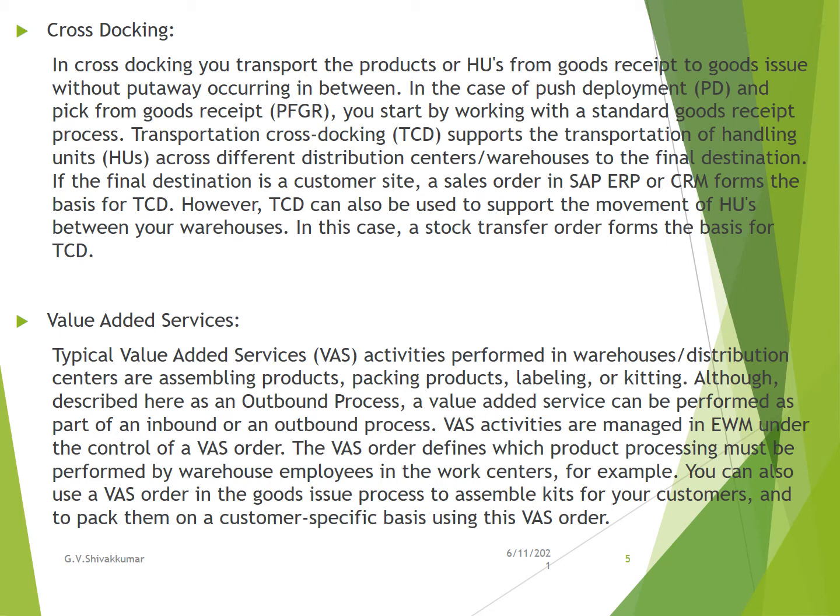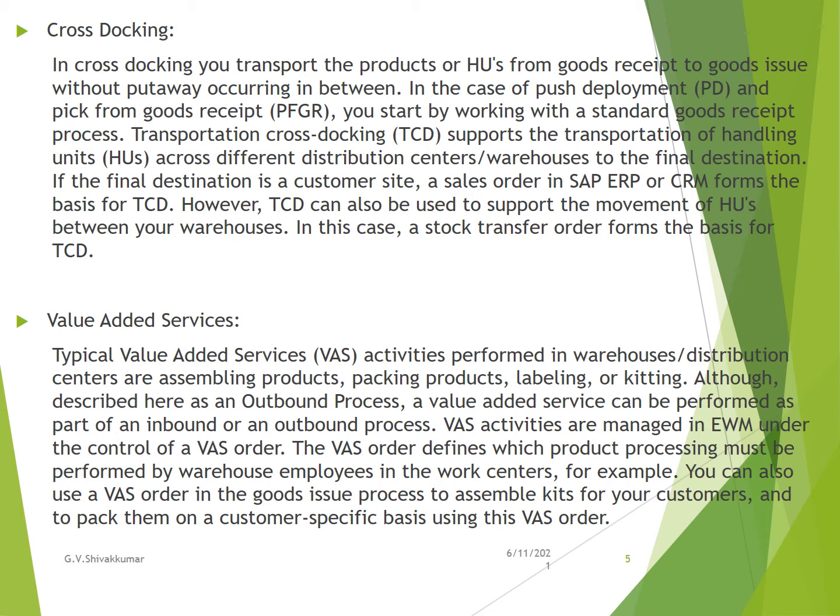So it's nothing but placing the material in the goods receipt area without storing it within the warehouse, and from there the goods issue immediately happens and it is sent to the end customer. Then in each warehouse we have special tasks or services to facilitate the improvement of warehouse performance.